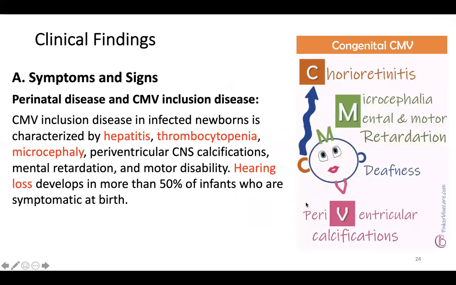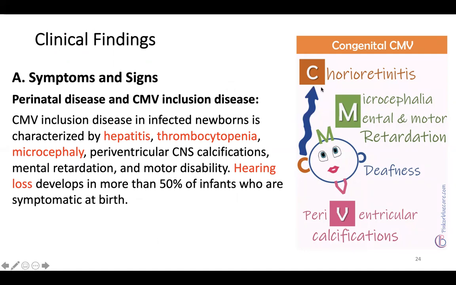Here, as we see, this is a cartoon showing cytomegalovirus, and every letter stands for a symptom or disease that we have to focus on to diagnose congenital cytomegalovirus.